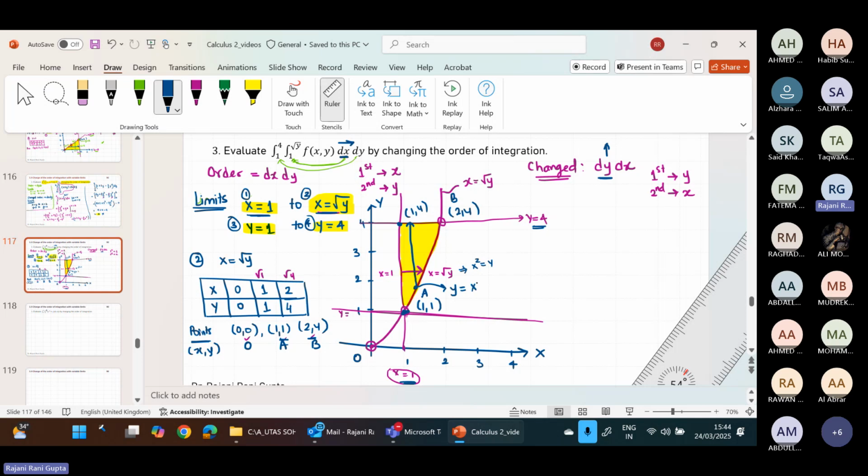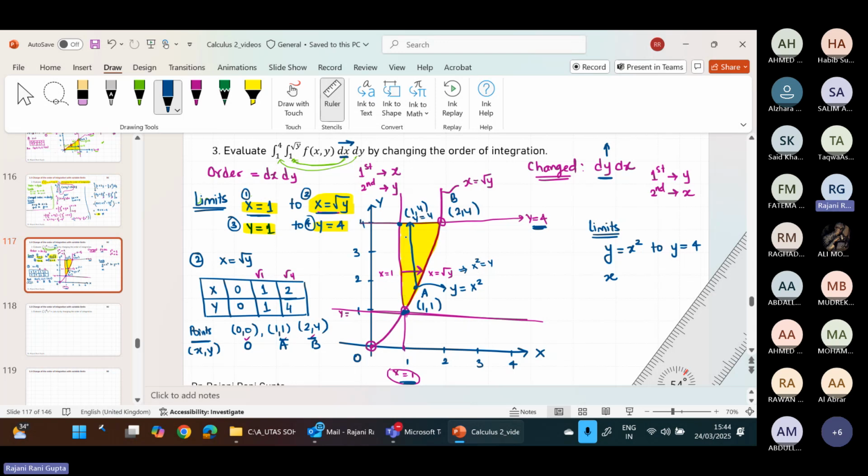So the value of y is x power 2. And here, this is the line y equal to 4. So in the changed order of integration, the limits for y will be from x square to y equal to 4.